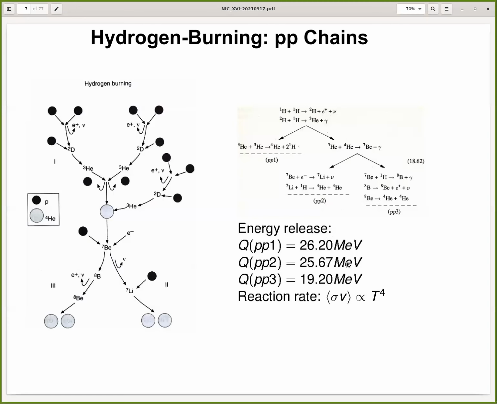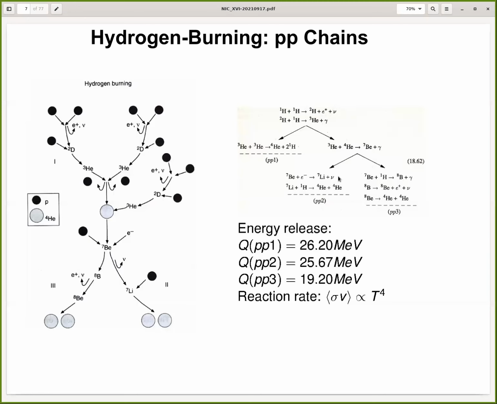So how can this come about? Maybe think for a minute. What might be different between these different processes to allow that to happen? Well, what is different is that we make neutrinos in different reactions. And it is these neutrinos that basically don't interact with your star.